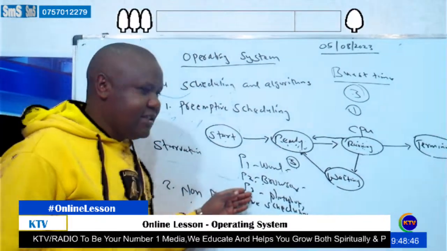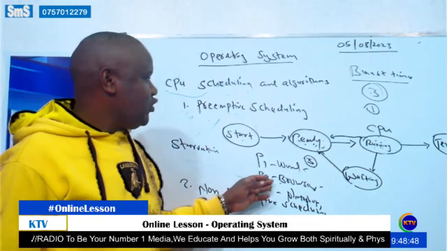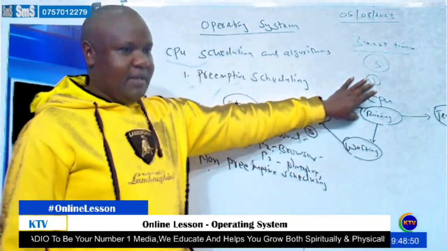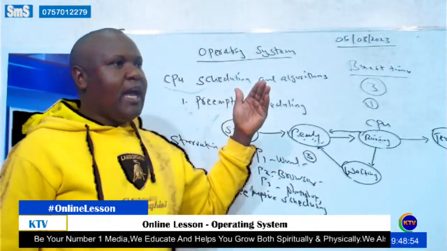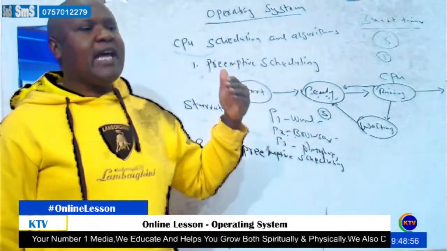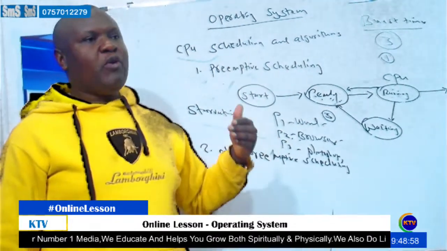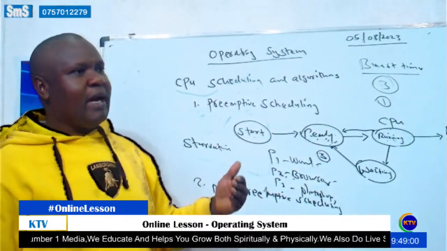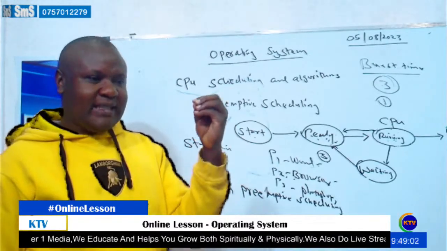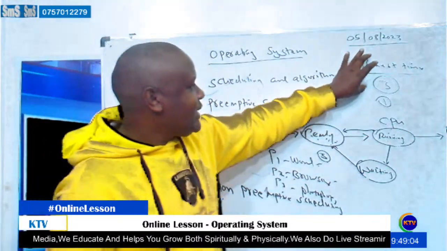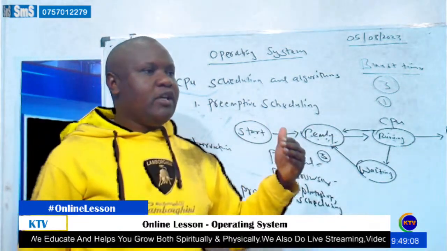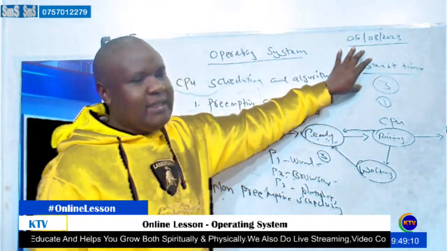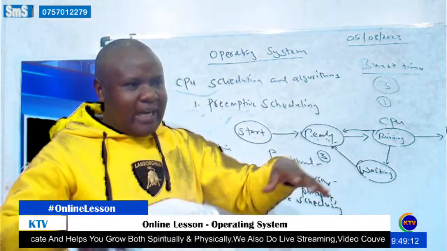All these processes are expected to access the CPU at the same time. In preemptive scheduling, a process with high priority is the one with less pass time, and pass time is the amount of time a process is expected to take to complete in the CPU.